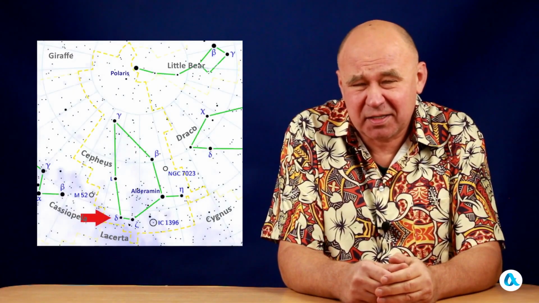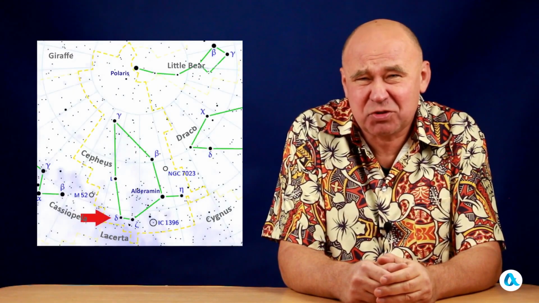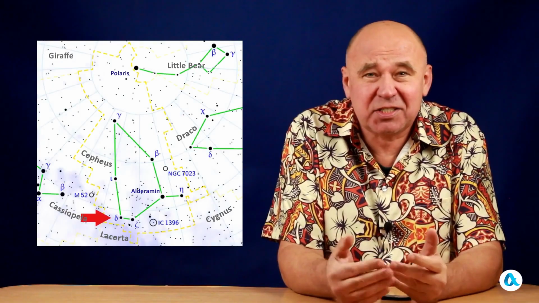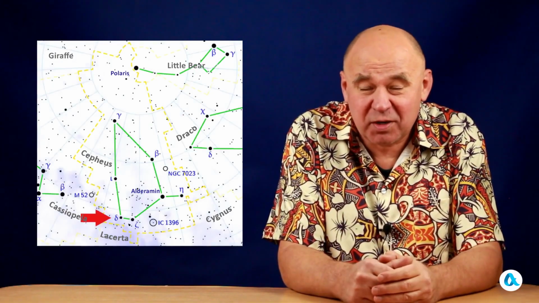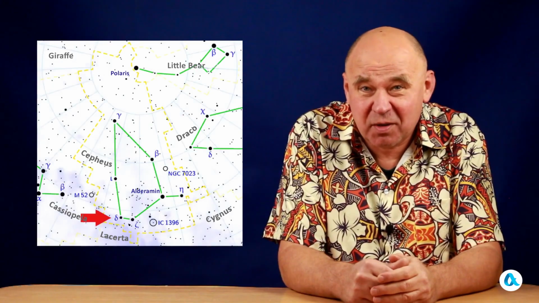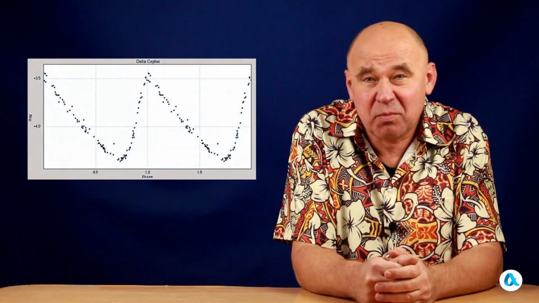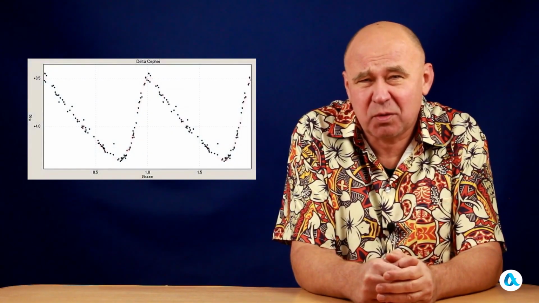These stars are called Cepheids because they are similar to a particular variable star that astronomers designate as delta in the constellation Cepheus. According to observations, this star changes its brightness periodically over 5 days and 8 hours, following a curve like this, with its brightness varying by more than 1 magnitude.